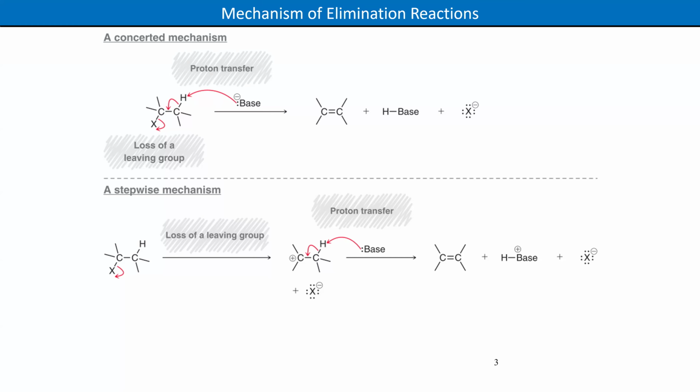And then the second mechanism here is stepwise. So our leaving group leaves, we make the carbocation, and then we have a base steal a proton and electrons move over to make a pi bond.